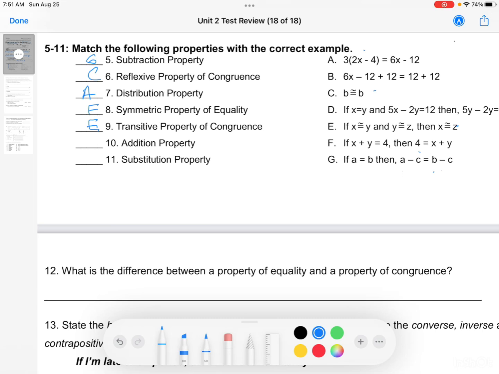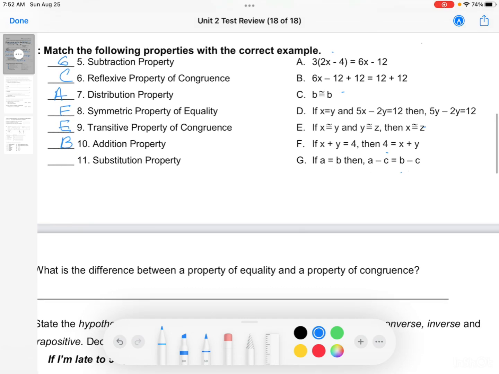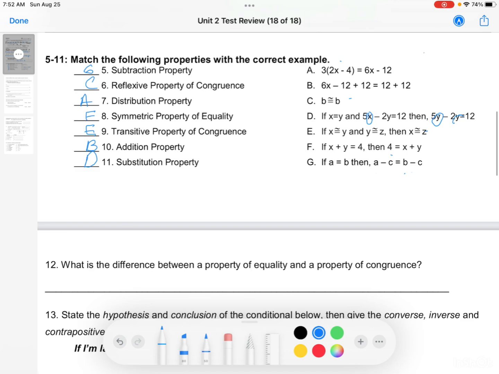Addition property, basically you add the same thing to both sides. And substitution property is you're substituting one thing in for another. For instance here, we're substituting in y for x, so that it ends up being substitution.